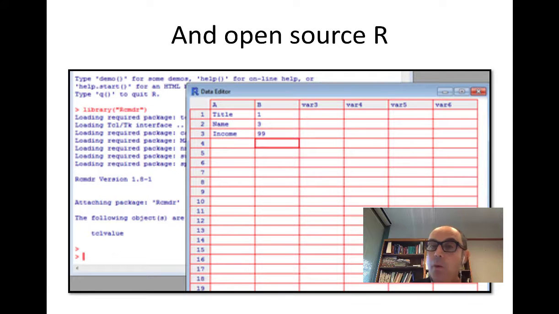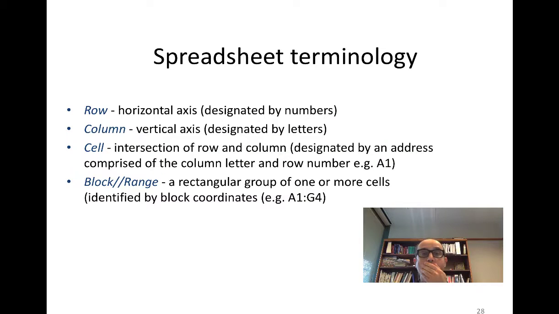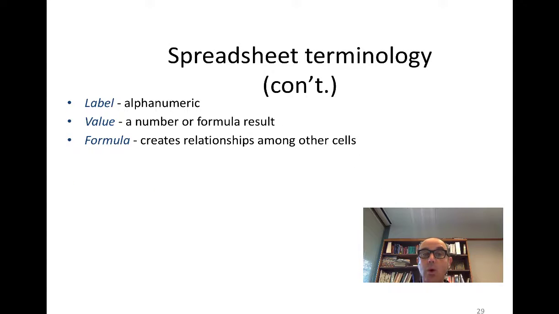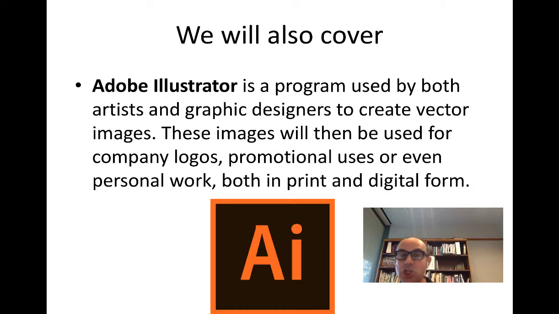and I want you to learn about that. We will focus in this class on open source R, more specifically on RStudio. In those applications, we will use rows, columns, cells and ranges, and learn what a label is, what a value is, what a formula is, and how we set a formula in a spreadsheet.